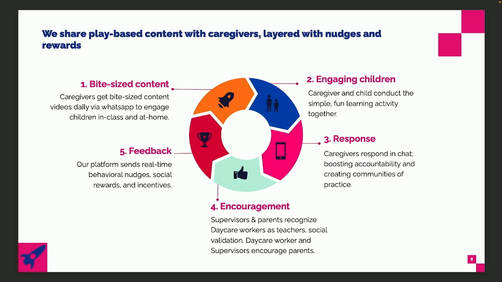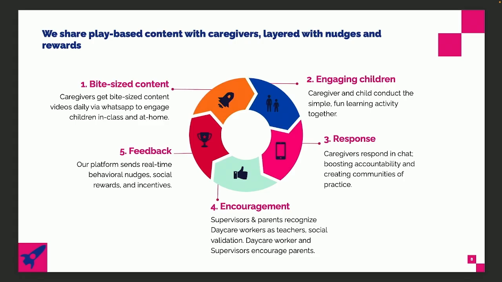Every day we send a couple of videos to teachers, either on groups or one-on-one, and we ask them to do some activities in the classroom based on those videos, and send back a photo or a video of what they've done that day. We then store all of that data and use that to send feedback to them, rewards, incentives, reminders, nudges. A lot of behavioral science goes into it, and based on that we try to keep their engagement up.